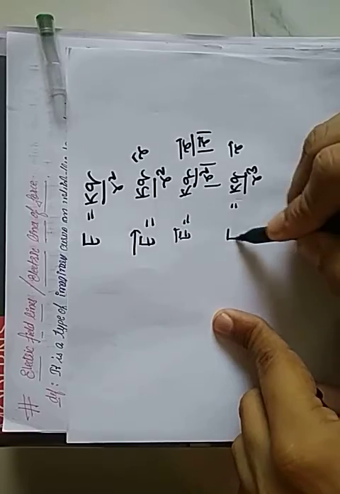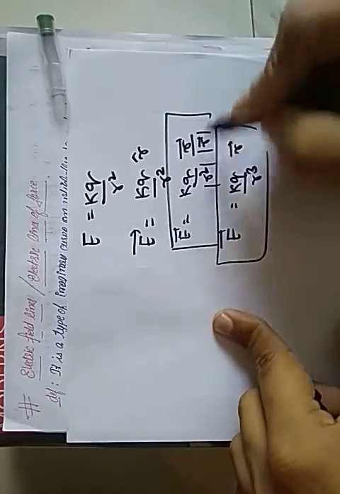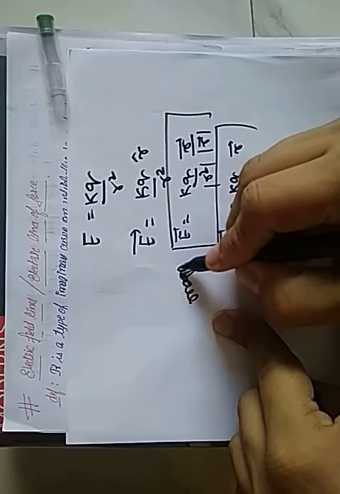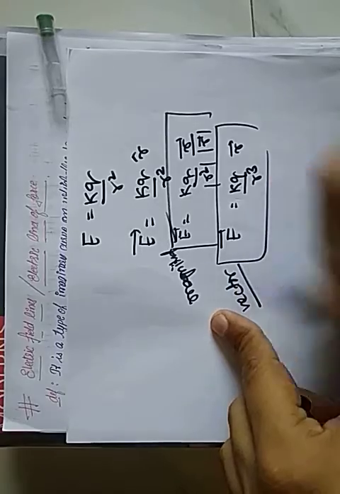So this is the vector form and this is the magnitude form. If we want to calculate electric field, use this formula. If you want to calculate in vector, use this format. Nobody is going to ask you this. Numericals are always calculated by this one only.